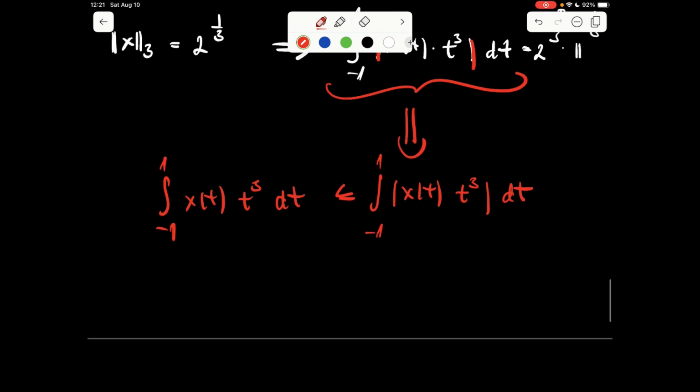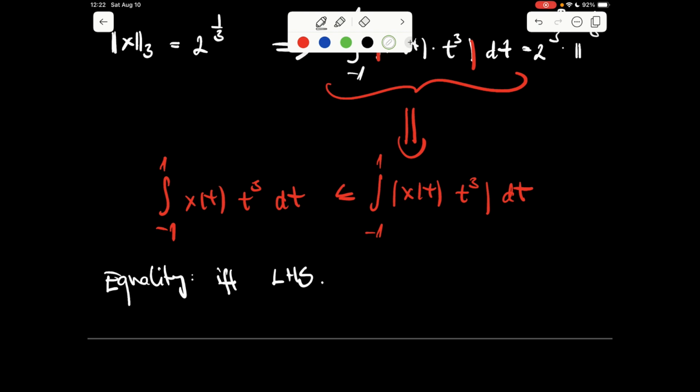And this inequality holds with equality if and only if the integrand on the left is always positive.